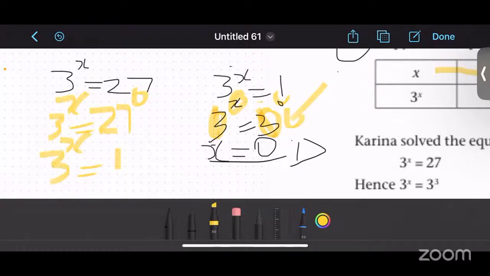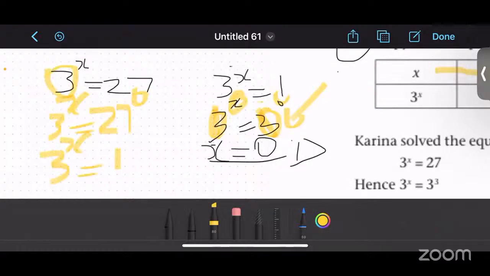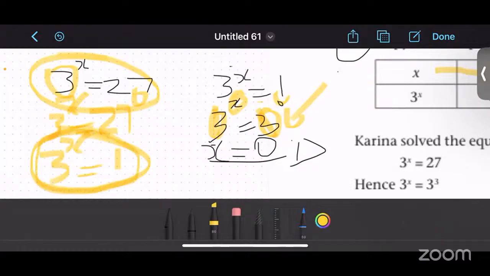What's the difference between this and this?